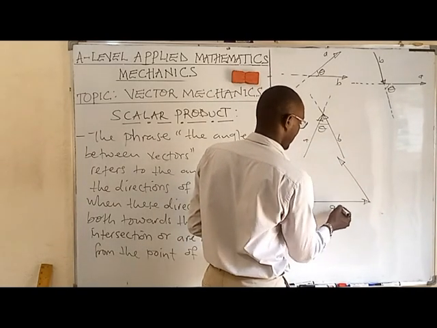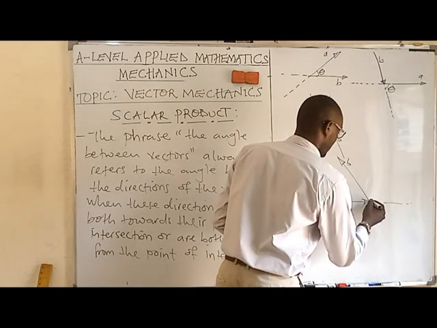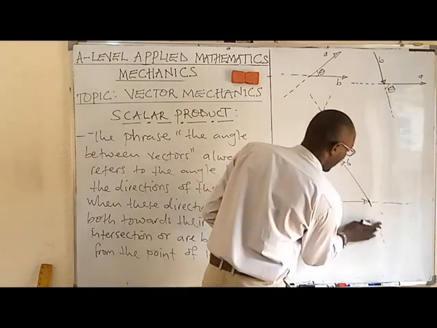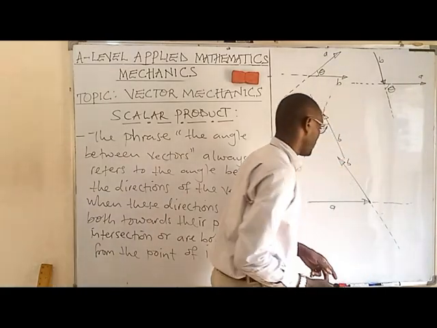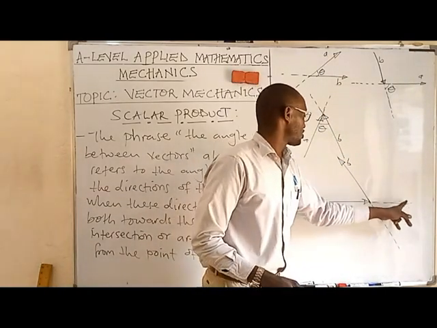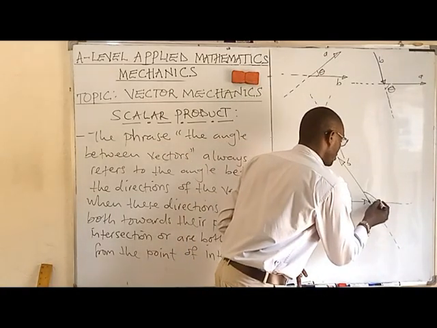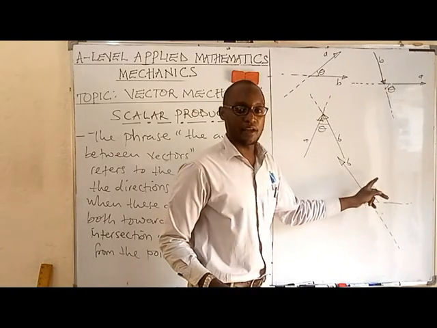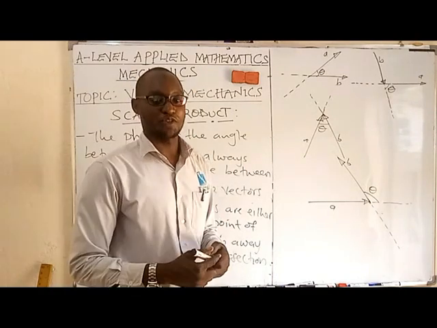Assuming this is vector A and this is vector B. This is the line of action, which is always in the direction of that vector. Hope I've drawn this very well. So this is the direction and this is the direction. So the angle is now going to be this. This is the angle between vector A and vector B, and in this case, it is going to be obtuse.